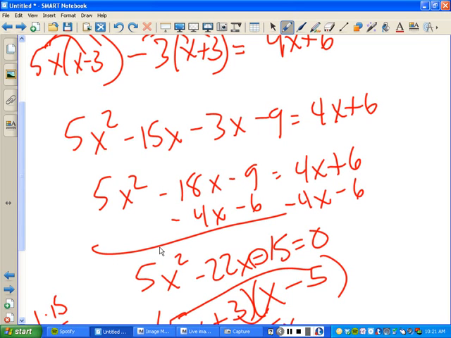You said on this one, the x equals 5 and then x equals negative 3/5? Yeah, both of them are fine. Yes. Other questions on the sheet? All right. With that being said, we'll stop our discussion there.